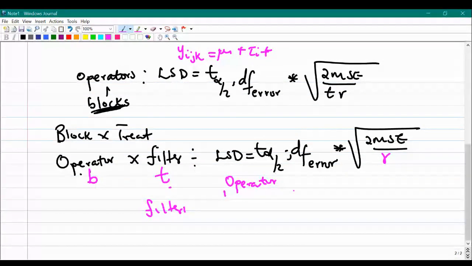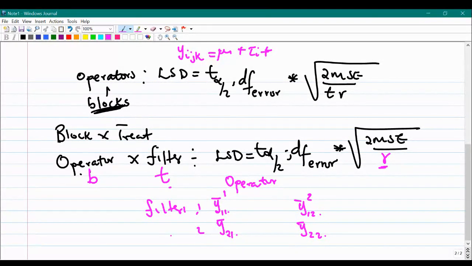The first value here is y11 dot bar. The second value is y12 dot bar. This one is y21 dot bar, y22 bar dot. The dot represents what?